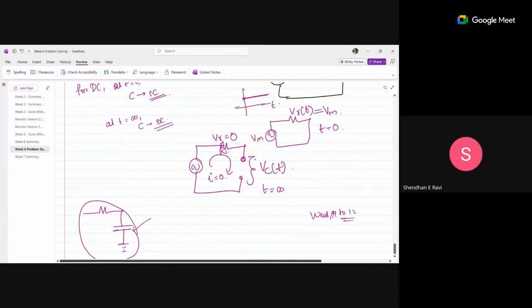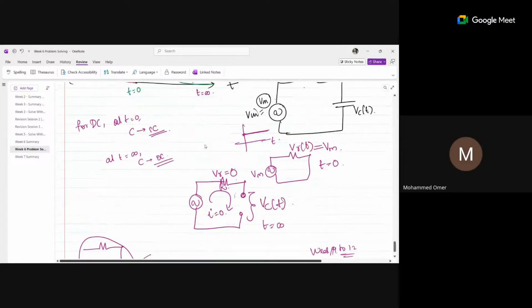There will be no current flowing, but because the capacitor is fully charged, it will be storing the same voltage as the input voltage. As you said, in week 11, if you remove the voltage source, then the resistor gets the current from the capacitor. So at time t equal to 0, the voltage across that capacitor is the same.